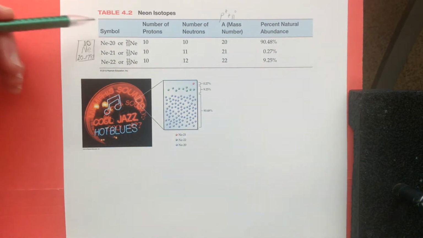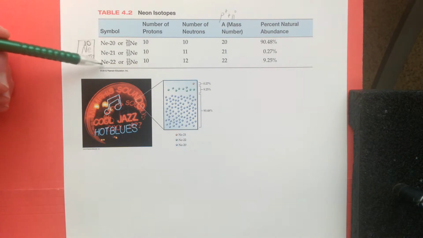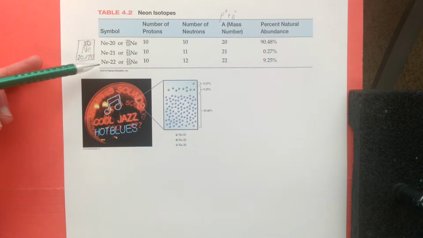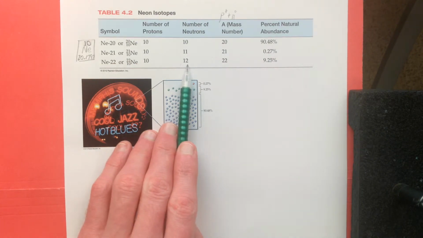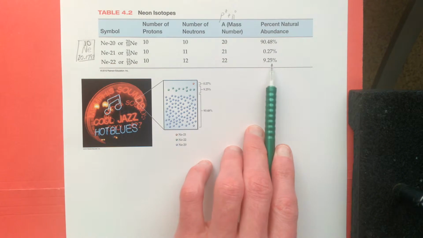Okay, so when we look at neon, neon is actually not just one single atom. It is a mixture of 3 different isotopes. Now those isotopes, you've got one that's the heaviest, the neon 22 isotope, which has 10 protons, 12 neutrons for a mass number of 22. We find that in nature just a little over 9% of all neon happens to be the neon 22 isotope.